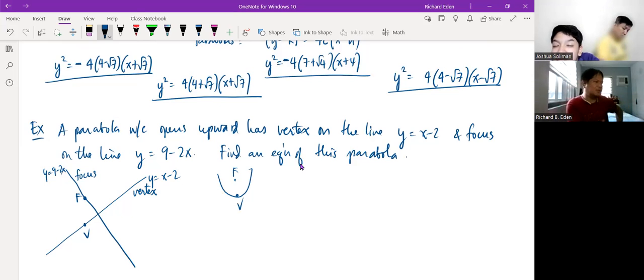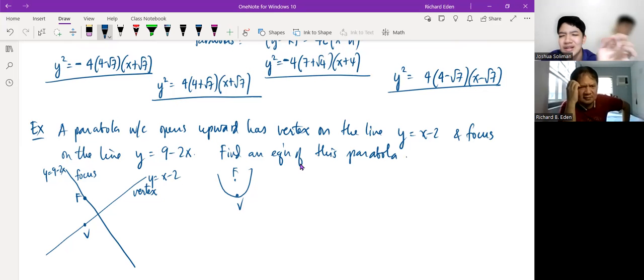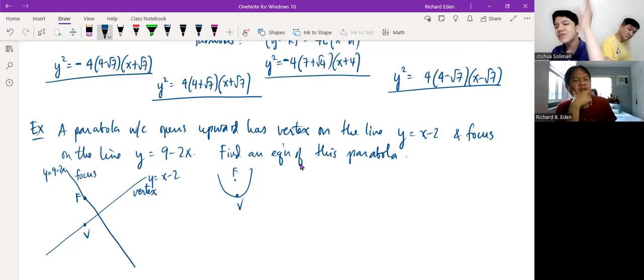Does this problem seem to have infinitely many answers, or do you think it only has one answer? There's this focus, and then there's this vertex. But the vertex, I think it has only one answer because there's only one focus for one vertex. Wait up. And yes, there's only one focus on one vertex.